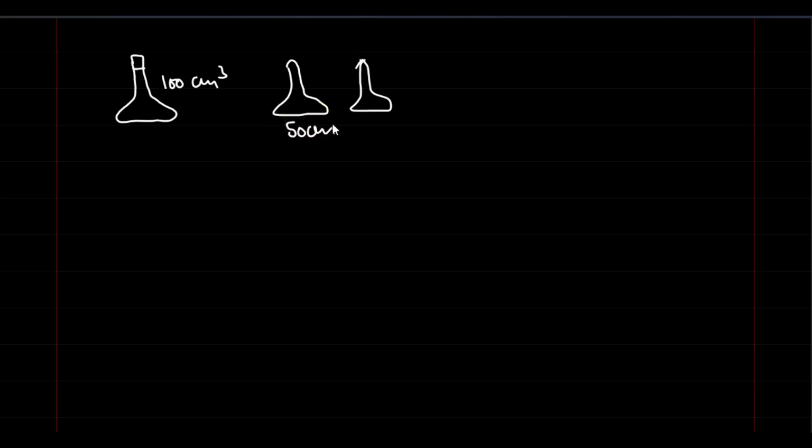So if I have prepared my solution inside maybe a 100 cubic centimeter volumetric flask, and I want to dilute this, I can take two smaller volumetric flasks, each of 50 cubic centimeters.